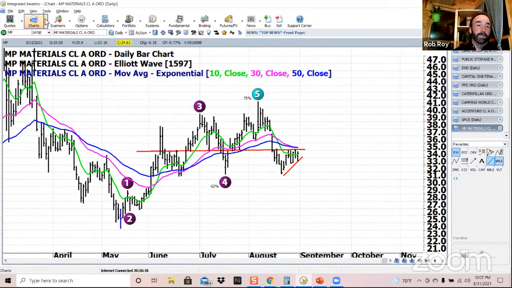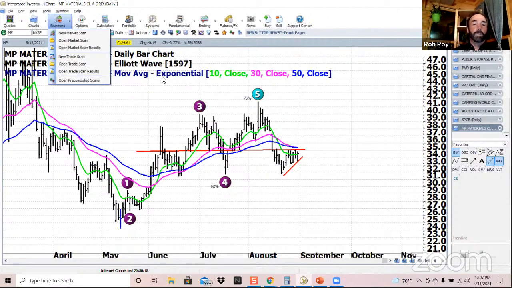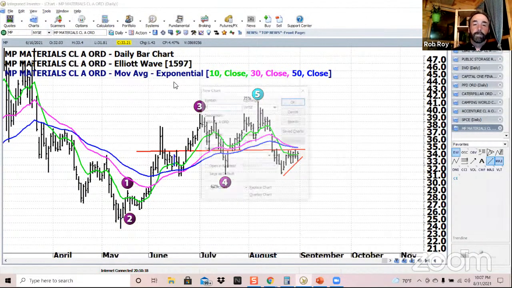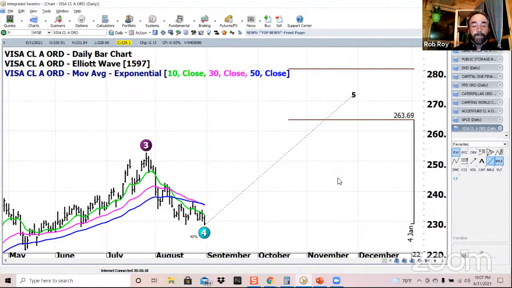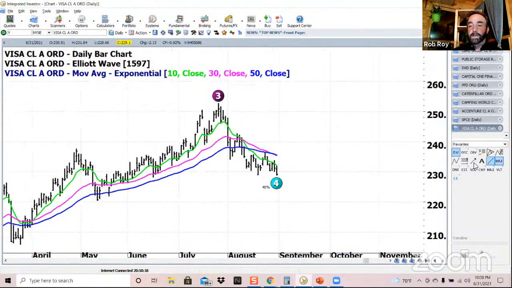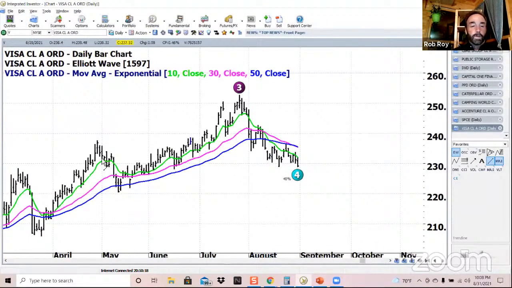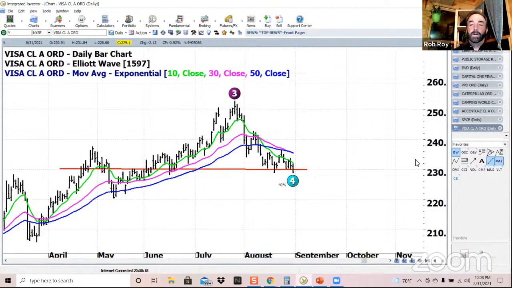And so Visa was the other one. We looked at that one before. See what Visa looks like. And we talked about this as far as, well, with the whole Delta thing, people probably aren't going out as much shopping as they might have before.